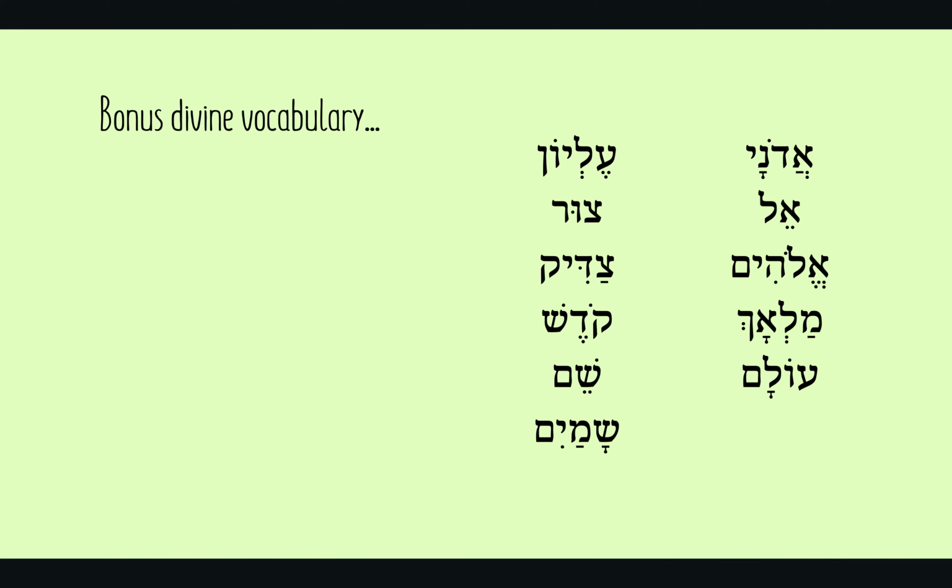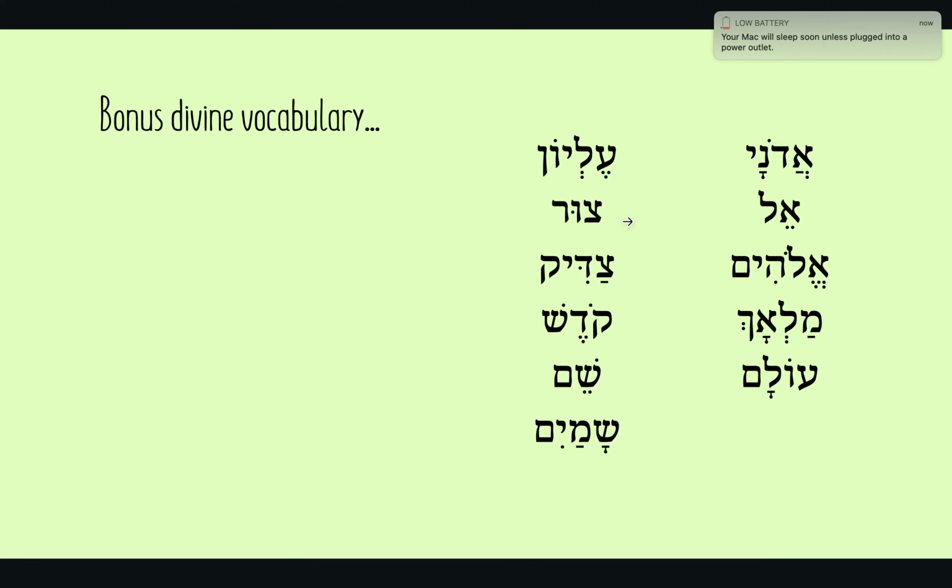Olam really means eternity. But you can see there how in Hebrew there is this kind of merger of space and time, right? There's this kind of idea of space and time being connected, and that's true in a lot of ancient languages. Elyon. Elyon means high, exalted, and typically this is used to mean the Most High God, Elyon.